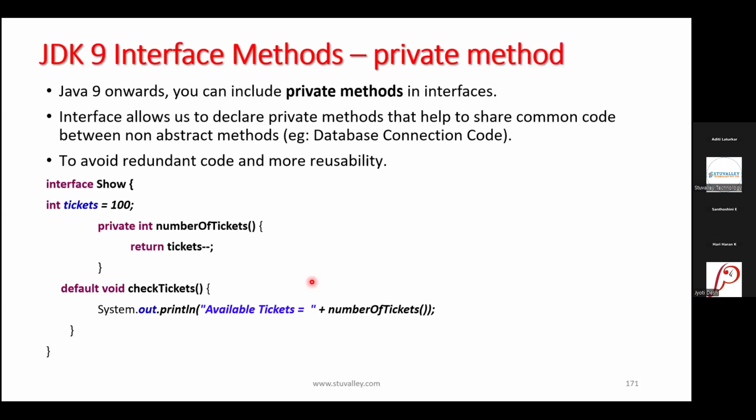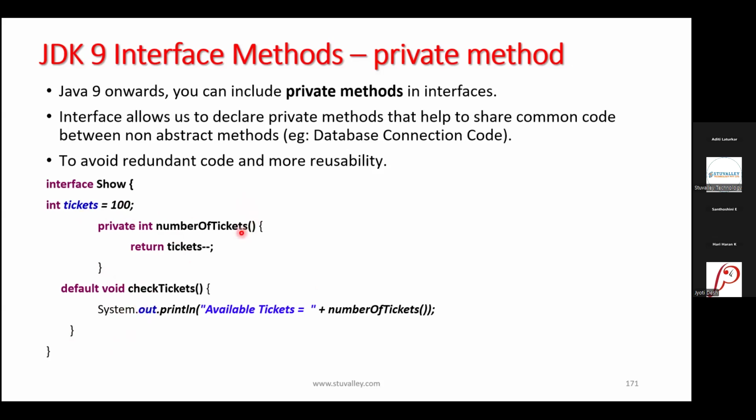And private methods are basically very rarely used, because there is no need of using these private methods. Because to call this method, you again have to write one more method, that is a default method, to call this particular method.